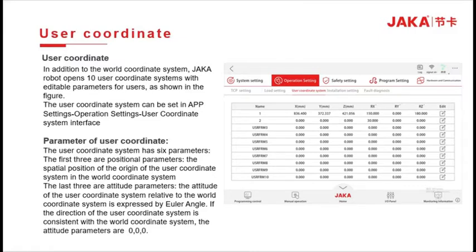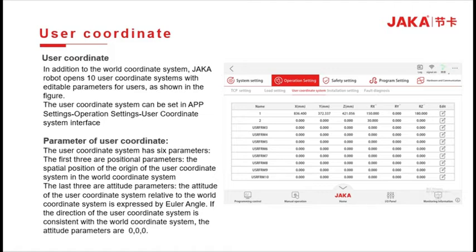User coordinate systems, in addition to the world coordinate system: JAKA opens up to 10 user coordinate systems with editable parameters for the user. As shown in the figure, in our app settings, you can set the parameters of the user coordinate system in the operation interface, with 6 parameters.